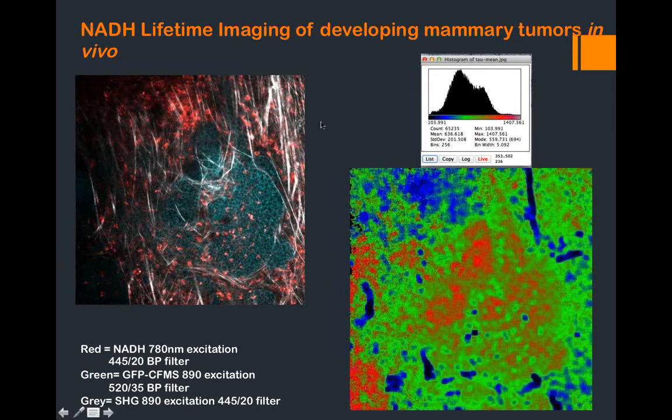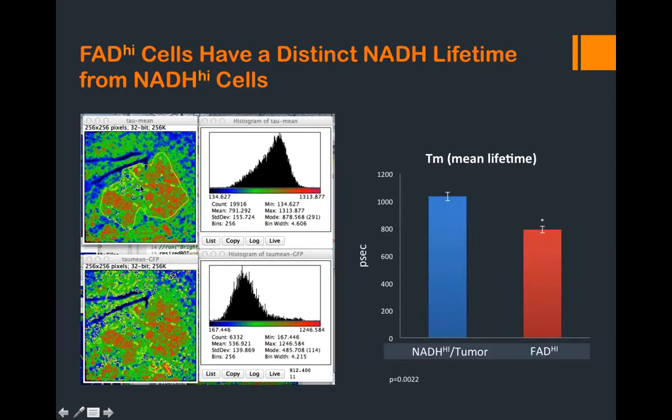What we found, by gating out just the tumor alone, minusing the bright FAD cells, and then gating the FAD high cells, was that not only are we seeing these changes in FAD and NADH, but we're also seeing a significant decrease in their tau means, or their lifetimes, suggesting that not only are the FAD high cells changing in their intensity, but they have significantly different NADH metabolism characteristics.